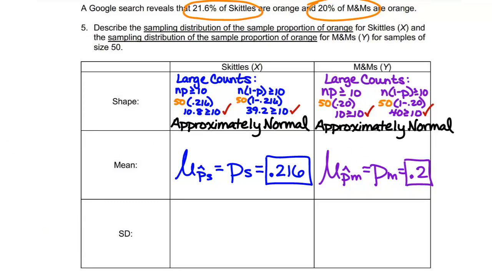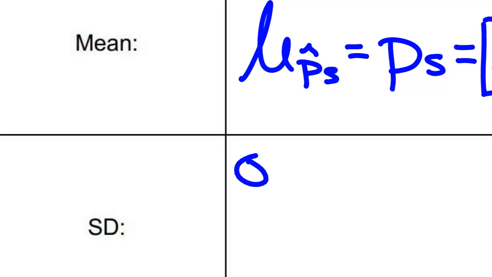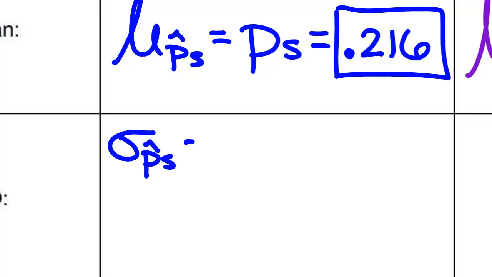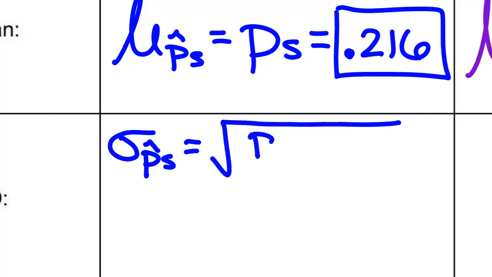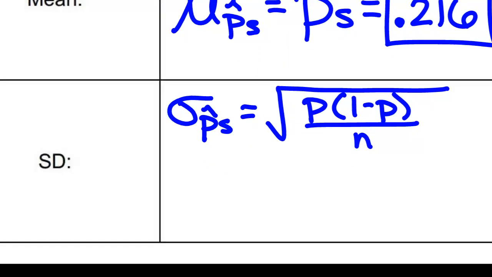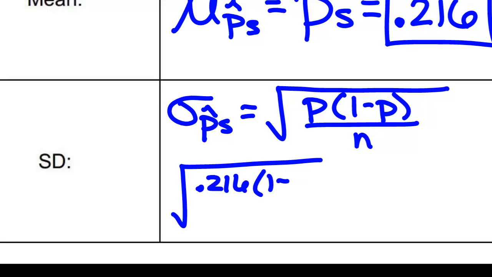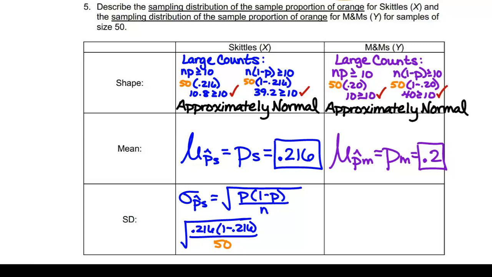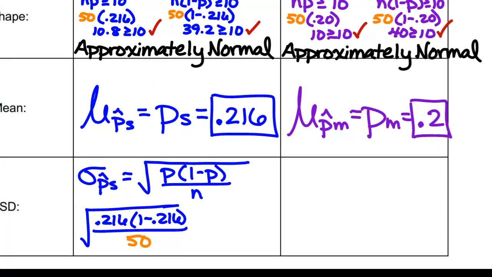How do we do standard deviation? You might need to flip back a page and look at that. How do you do standard deviation for a proportion? Yes, square root of p times 1 minus p over n. So we're going to do 0.216 times 1 minus 0.216 over 50, and then square root it. I want you to do that for both Skittles and M&Ms.